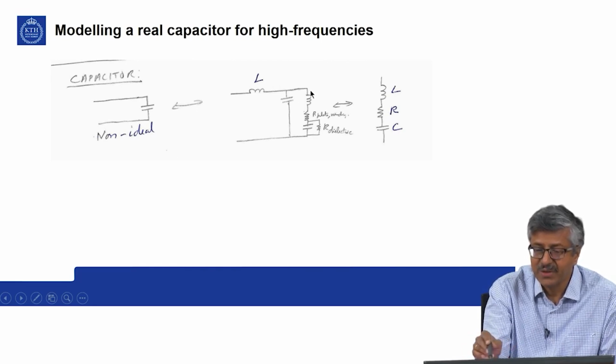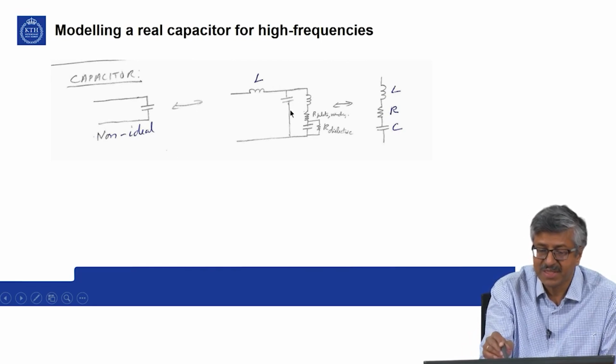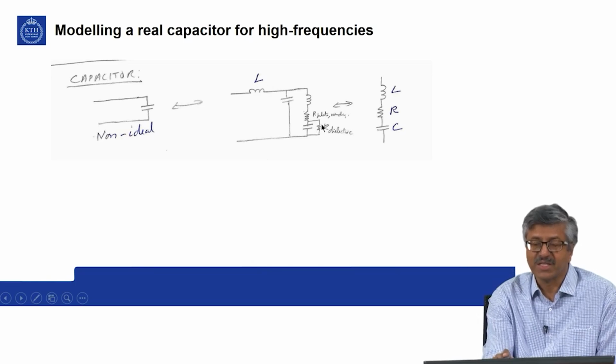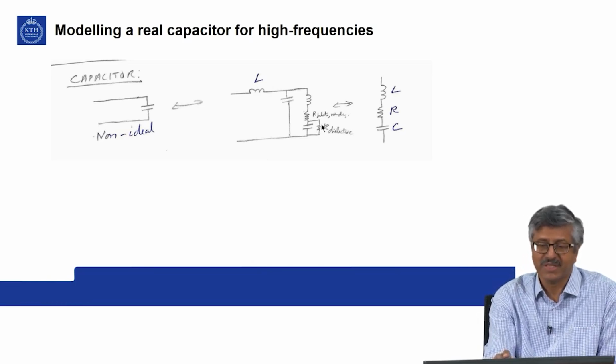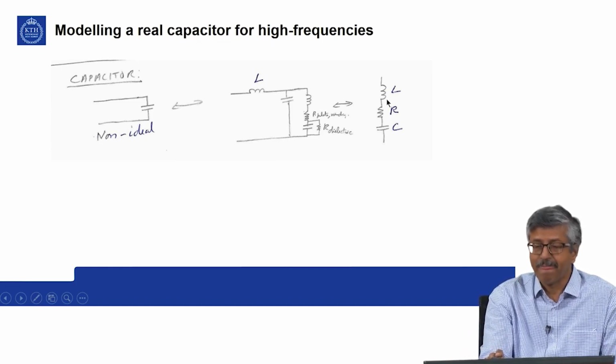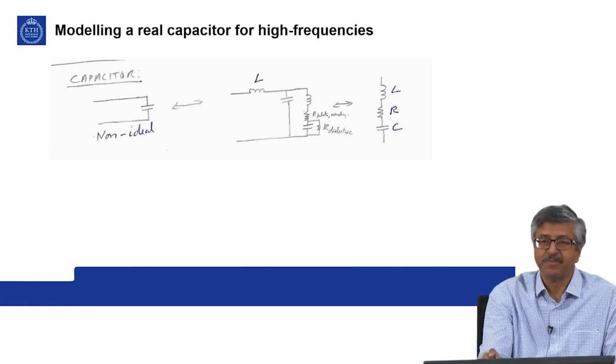This capacitance can also be neglected or absorbed, because you are looking at capacitance values which are generally high compared to the lead capacitance. So, you get as an approximate representation a series network of L, R and C.